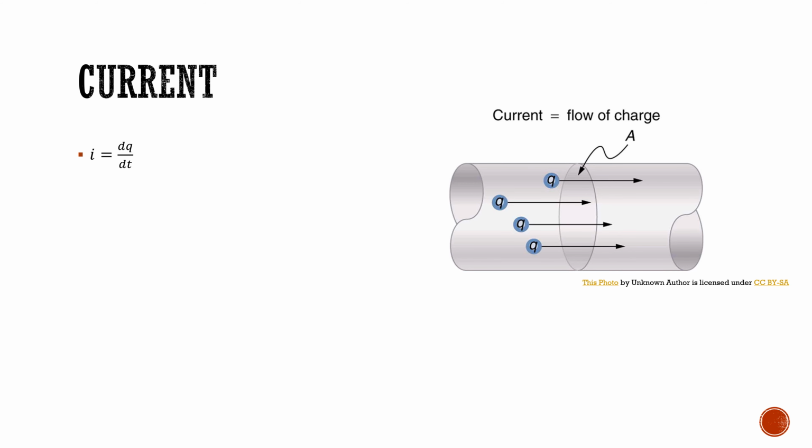This convention comes from Benjamin Franklin, who guessed that electricity traveled from positive to negative. We now know that in metal conductors, the current is the movement of electrons that have been pulled loose from the orbits of the atoms of the metal. However, we maintain this convention for current flow.